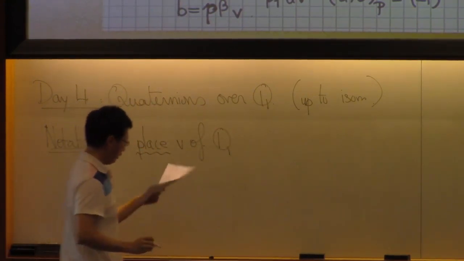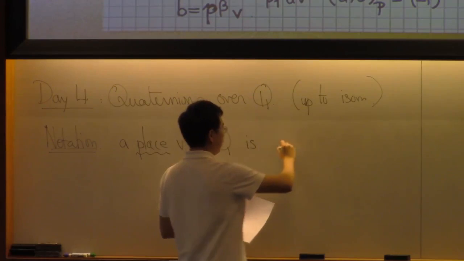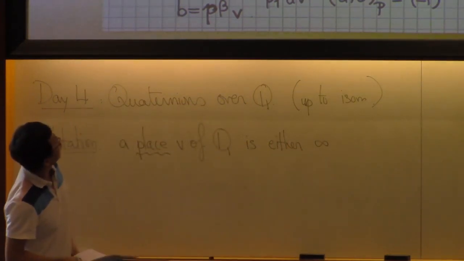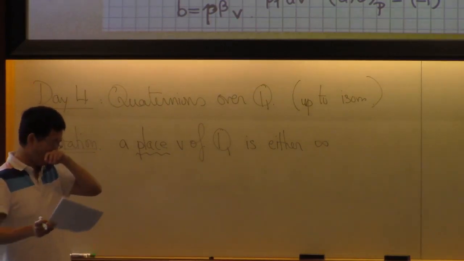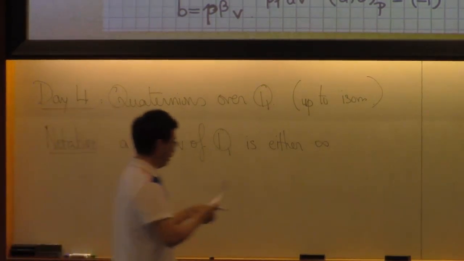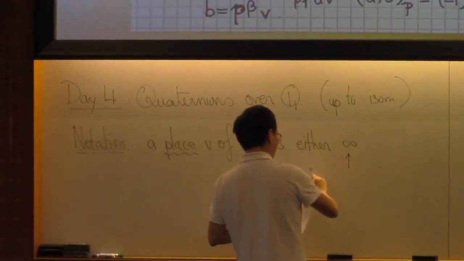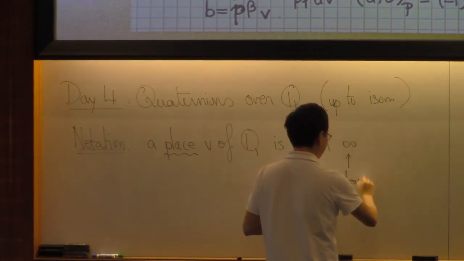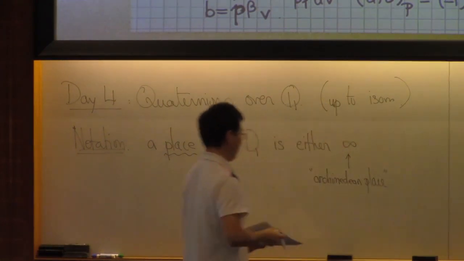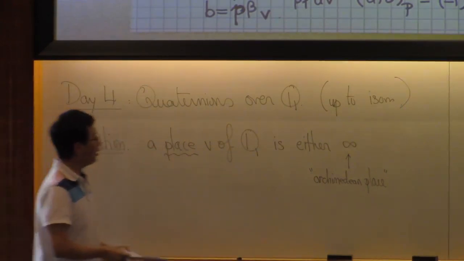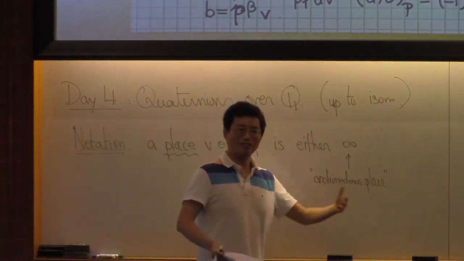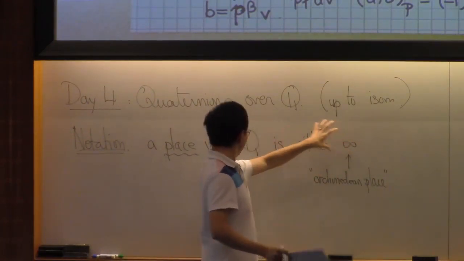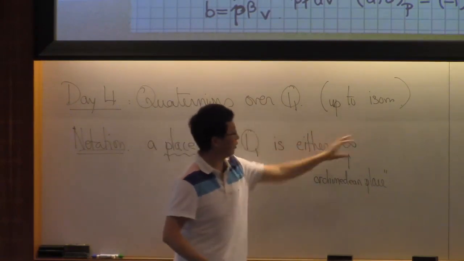This place v of Q is either infinity, which corresponds to the usual absolute value. This is something we call an Archimedean place, because this is how we learn it from elementary school: the usual rational numbers with the usual absolute value.